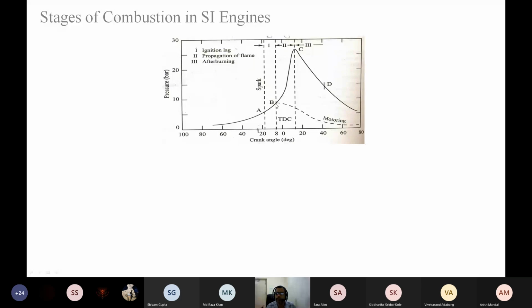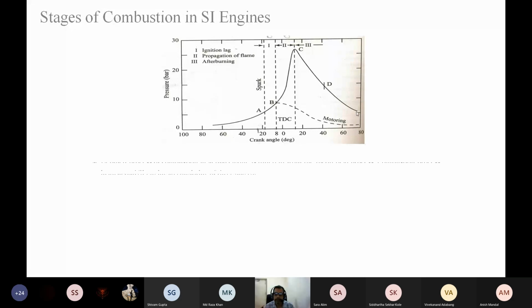After the point B, these two curves deviate from each other, and the thick line, that is the firing pressure, reaches the max at point C, about 15 degree after top dead center, and then after that the pressure inside the combustion chamber falls down. That is what we can see from here.